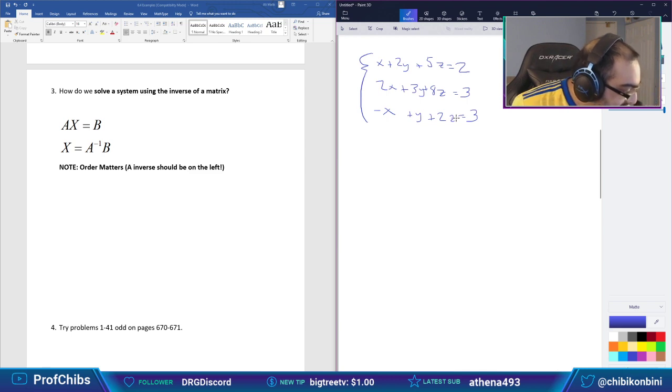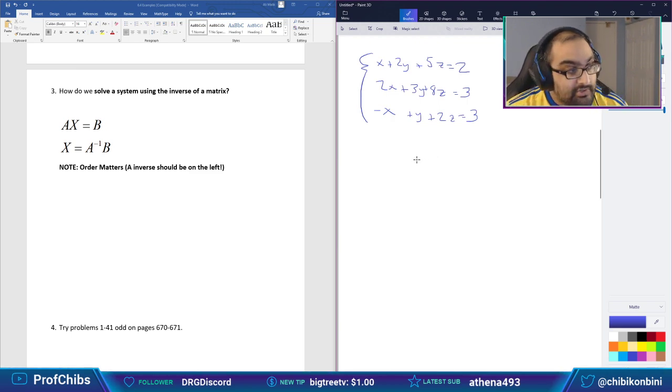All right. So let's say that this is what we want to solve for. We want to solve for x, y, and z in this system of equations.